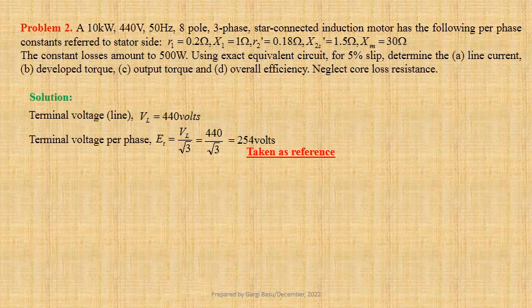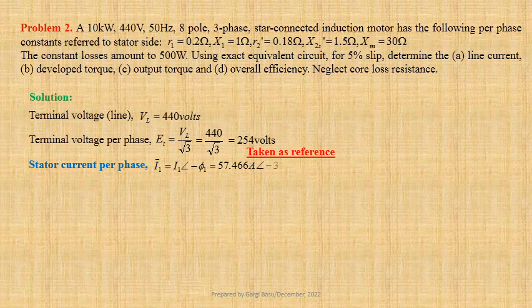In polar form we can write stator current per phase I1 equals I1 at an angle minus phi1 equals 57.466 ampere at an angle minus 39.25 degree. For star connected induction motor, stator current per phase equals stator line current.